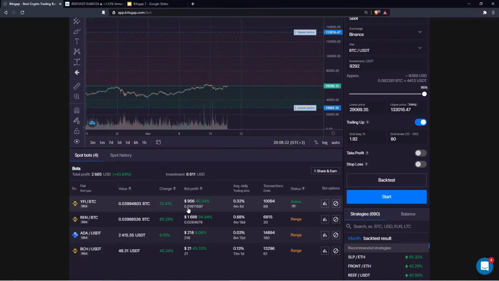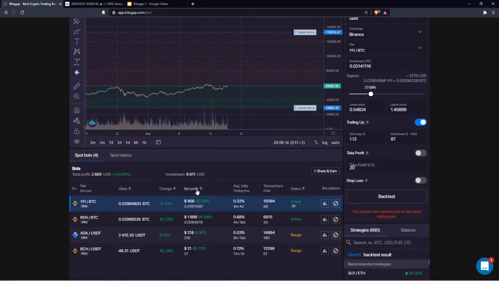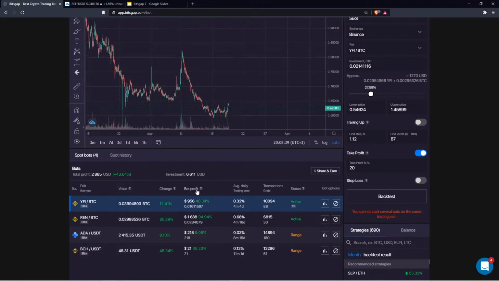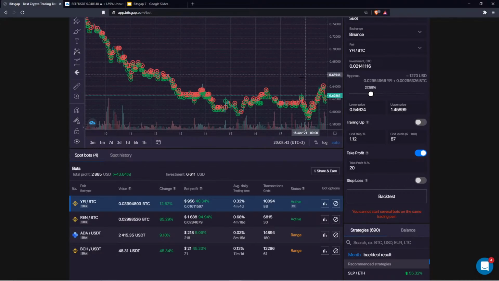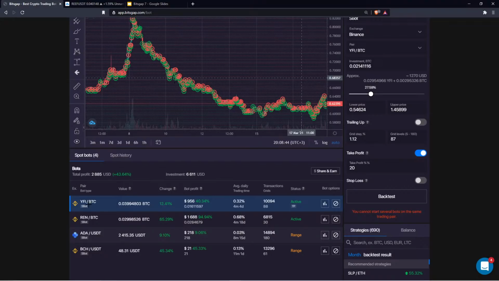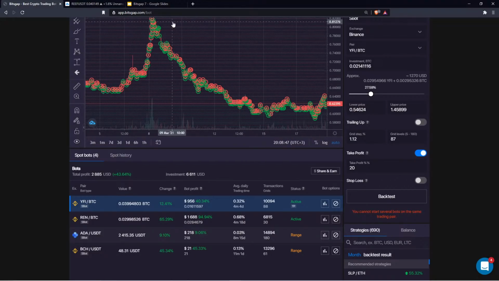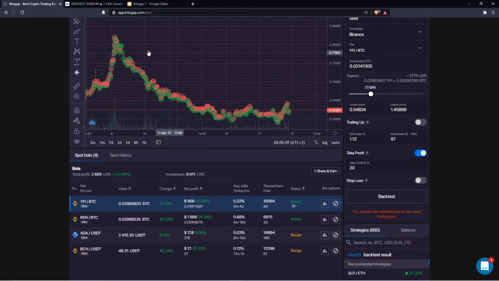And right now I have 0.016 BTCs extracted from the market thanks to this bot. But you will notice that my investment change is different. So you see 40 in bot profit, but 12% in investment change. Why so? That's the biggest question. And that's because during this period, unfortunately, this cryptocurrency pair was in the downfall.